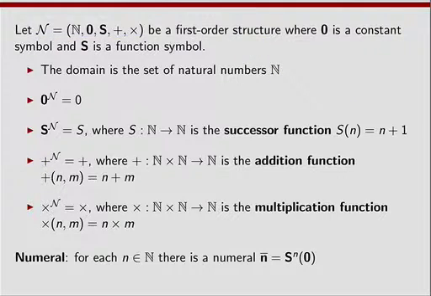Now, again, as a reminder, for each natural number, there's a term in the language that refers to that natural number, or that names that natural number. And we call this the numeral n. So I'll draw it with a boldface n with a line over top. And that's just going to be n s's followed by a 0.